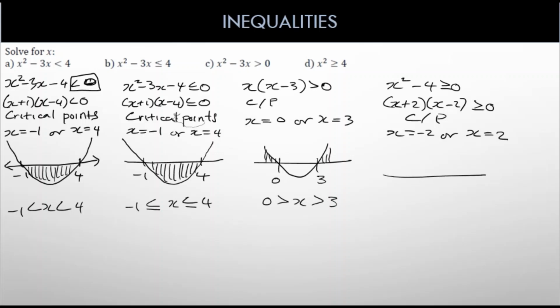Then you sketch your number line, and the smallest value first, which is -2, and then we go to +2, and then we sketch our diagram here.